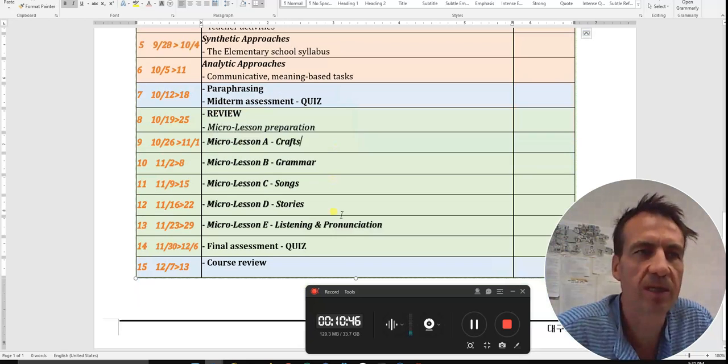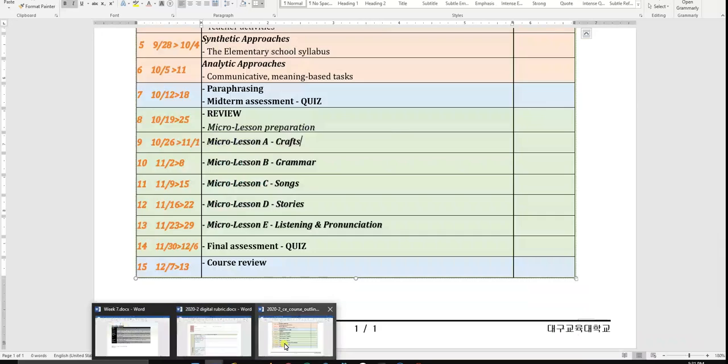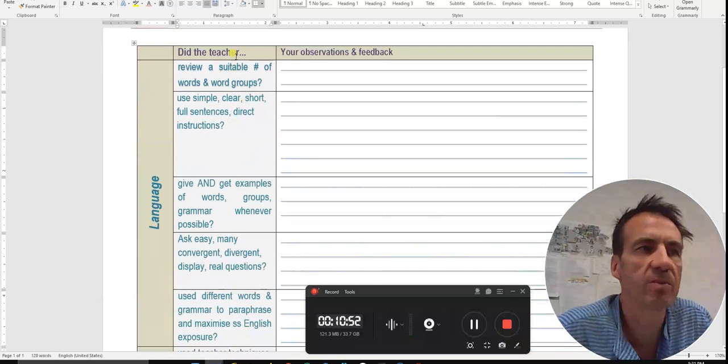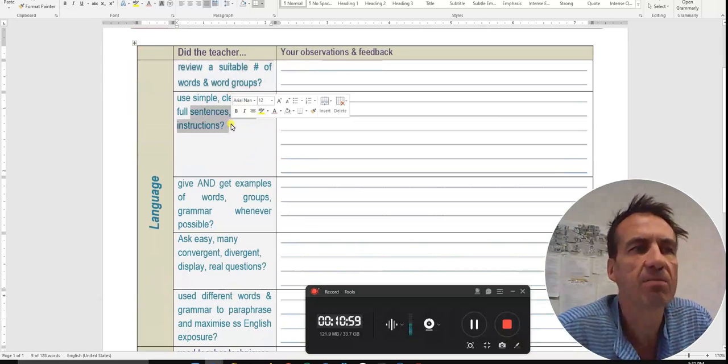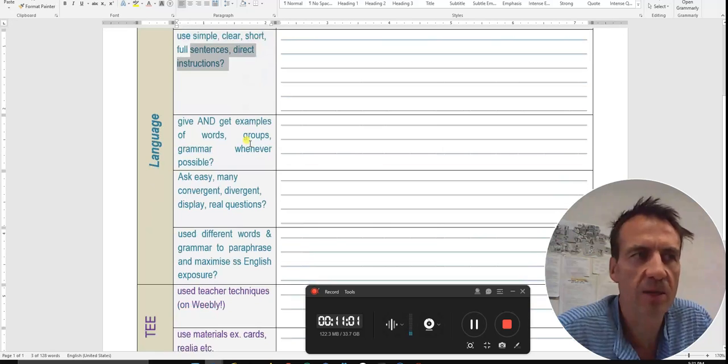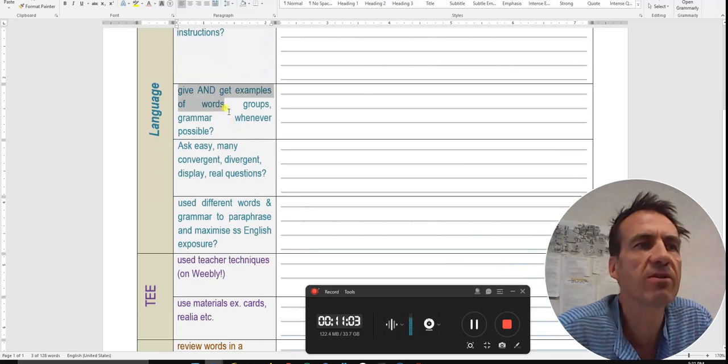So I'm not timing it out, but I need to see good examples of everything that's in the rubric. Good examples of the amount of words you're trying to review, the simplicity of your directions and language. Are you giving and getting enough examples? Examples whenever possible.